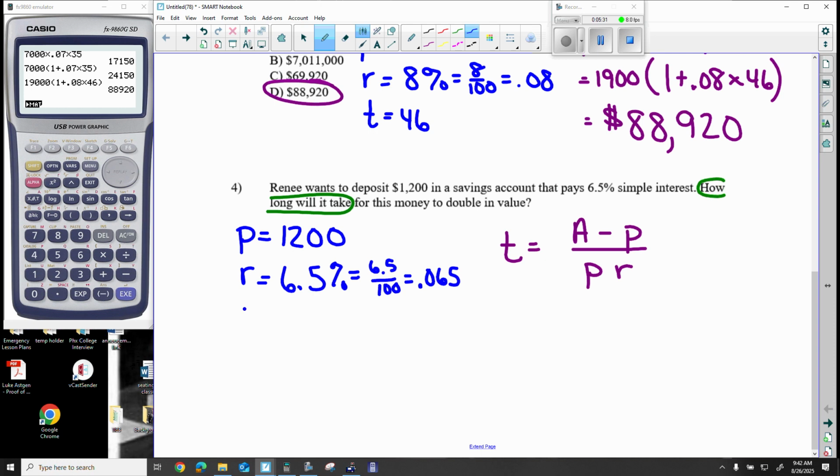All right, but what is the amount at the end? And a lot of times students get baffled by this one, hunting for the amount at the end, where it's just kind of given in context.